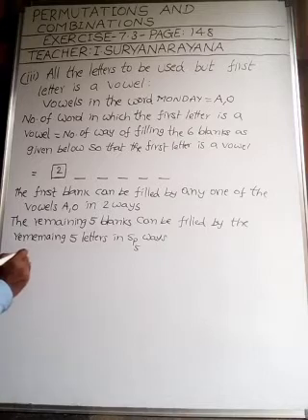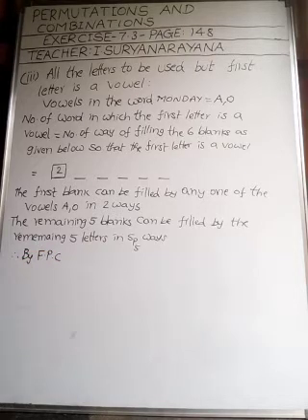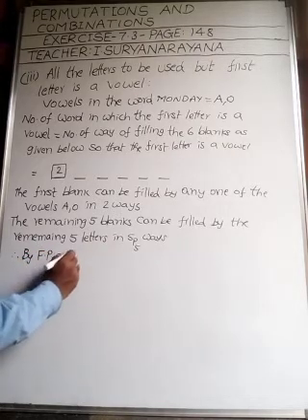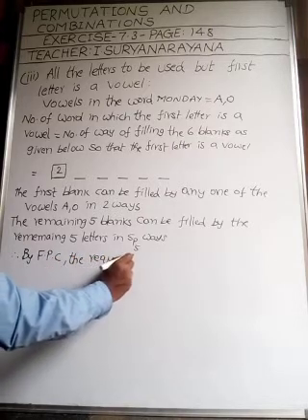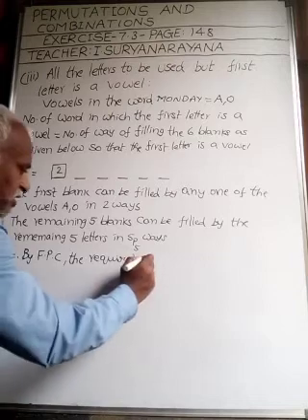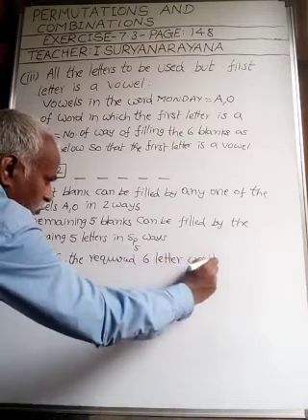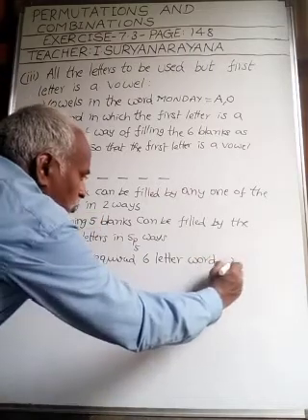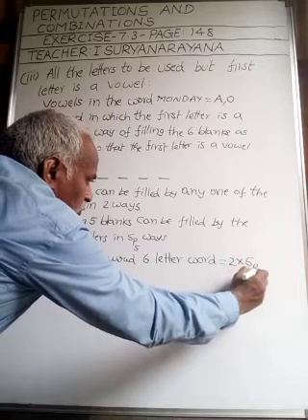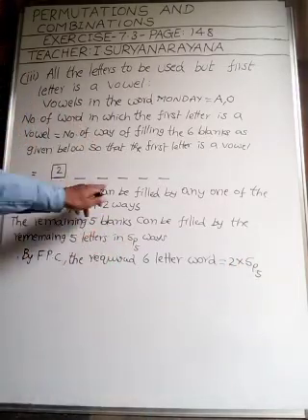Therefore, by FPC, the fundamental principle of counting, the required number of 6-letter words is equal to 2 into 5P5, because these are the two operations.